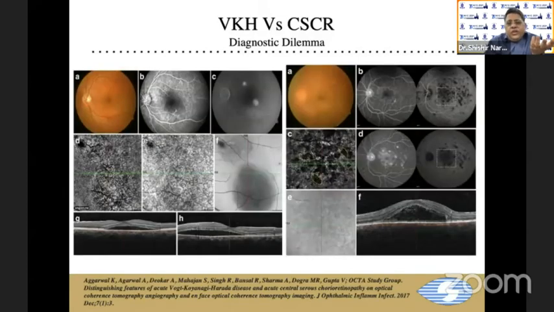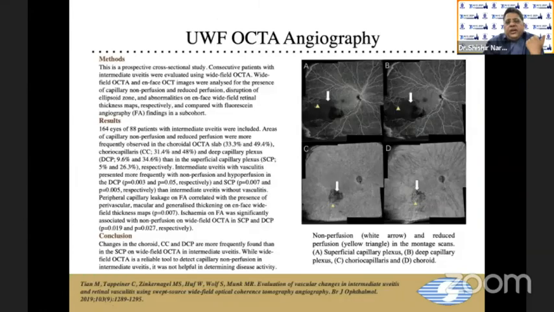So when there is a diagnostic dilemma between whether it's a CSR or a VKH, what's important to realize, and this is again another one of the papers from Dr. Anirudh, who's here, is that the masking that you have in CSR correlates with the fluid, while in the case of VKH, you have true voids which are larger than those that you can see clinically or on the en-face image. So that helps you to differentiate a VKH from a CSR.